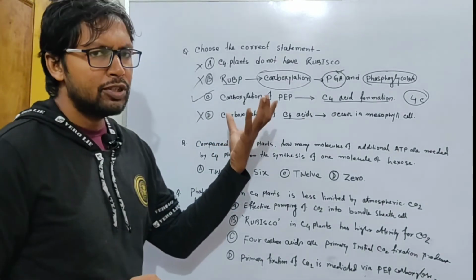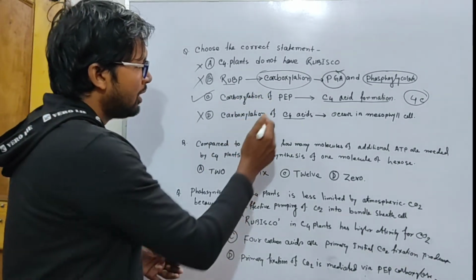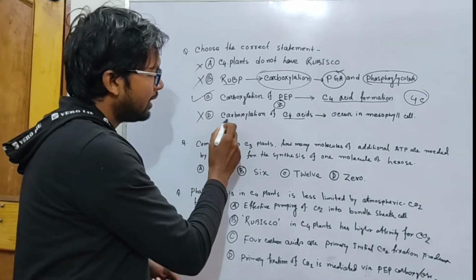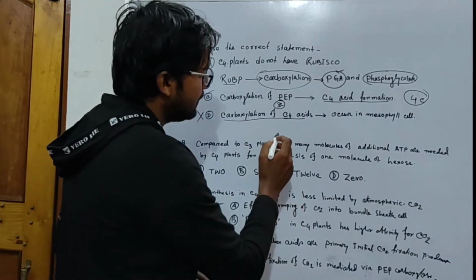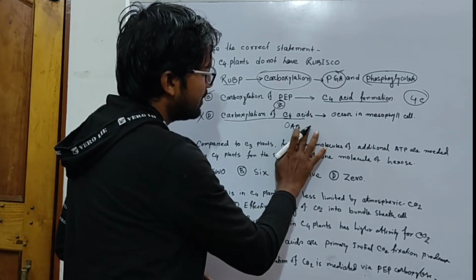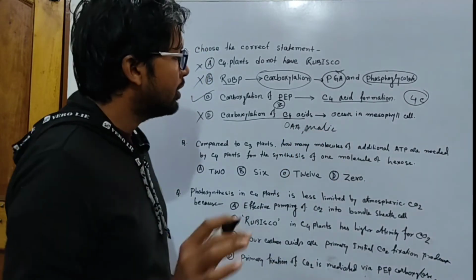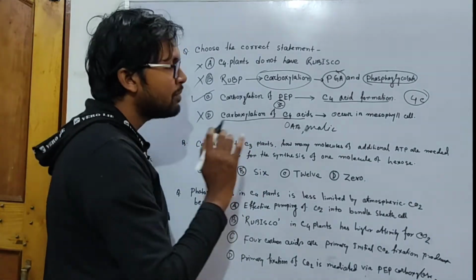Actually, carboxylation of a 3-carbon compound occurs. Carboxylation means attachment of carbon dioxide, and here the attachment of carbon dioxide with the C4 acids does not occur. The C4 acids are oxaloacetic acid and malic acid, both 4-carbon compounds. These are not getting carboxylated in the mesophyll cell.